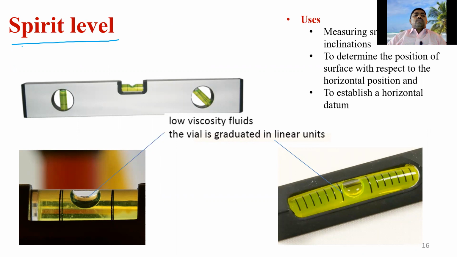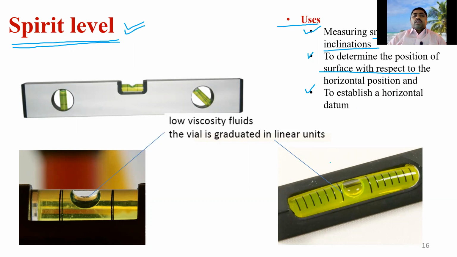That's why they are generally named spirit level. So in this also we use the spirit. This spirit level is used for measuring small angles or inclinations. Another use is you can determine the position of a surface with respect to the horizontal, and you can also establish the horizontal datum. These three things can be done using the spirit level.